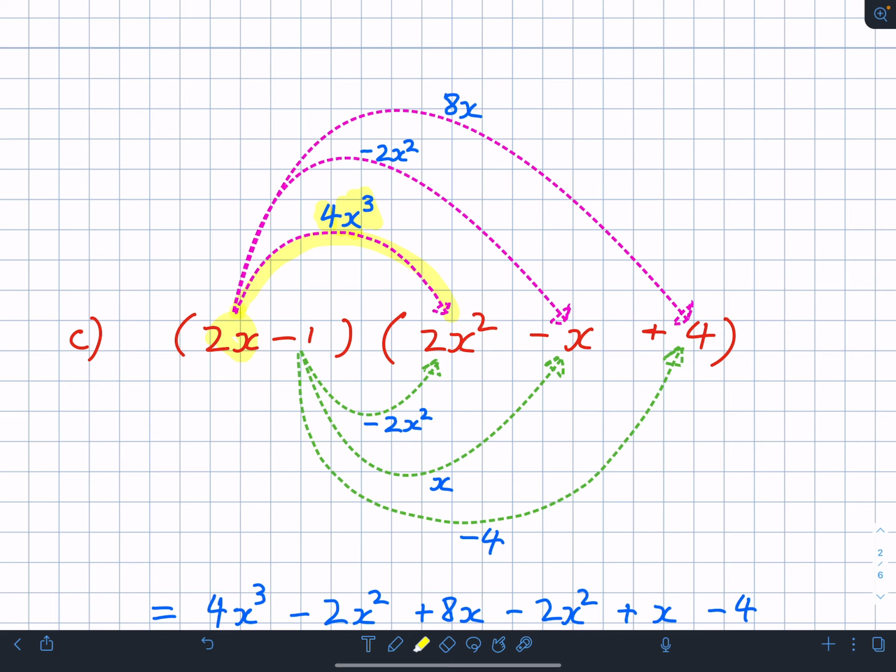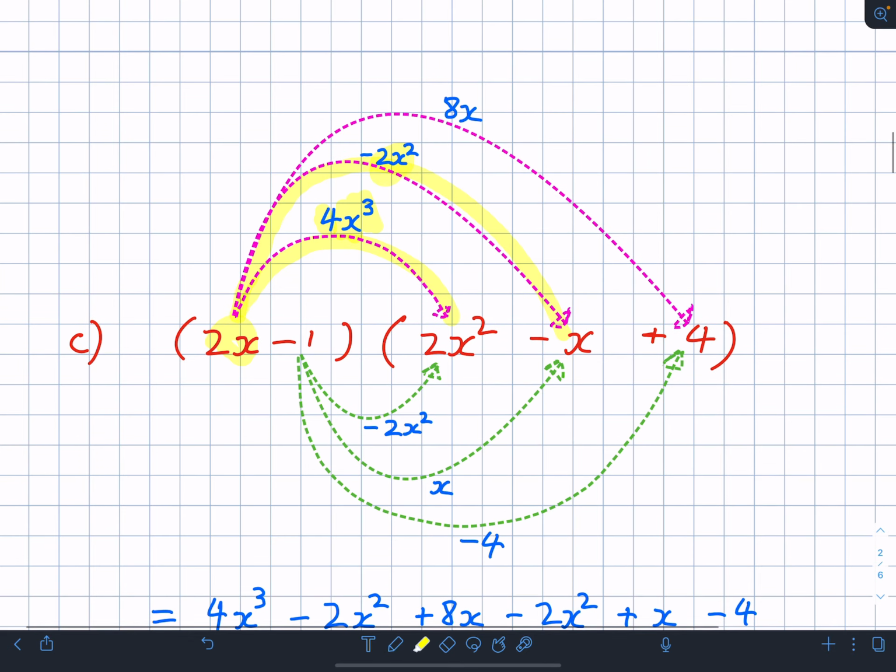Then we have 2x multiplied by negative x. So it's a positive multiplied by a negative, so it's going to be a negative. So we've got negative 2x to the power of 2. Next, we've got 2x multiplied by 4. 2x times 4 is 8x.